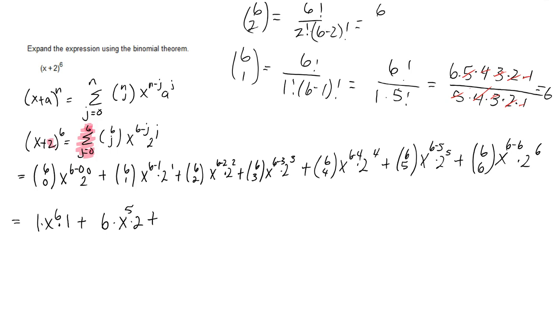This is 6 times 5 times 4 times 3 times 2 times 1, over 2 factorial, which is 2 times 1, and 6 minus 2 is 4, and 4 factorial is 4 times 3 times 2 times 1. Once again, a bunch of stuff cancels out. Oh sorry, 2 goes into 6 3 times. That simplifies to be 15. So we have 15 x to the 4th times 4.